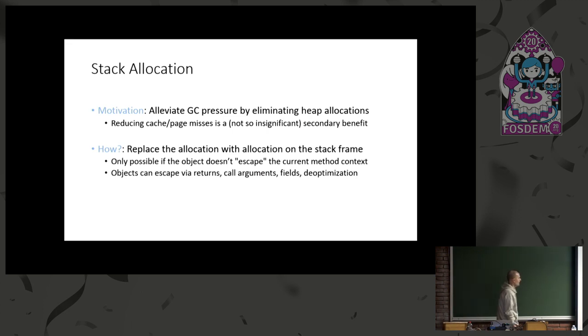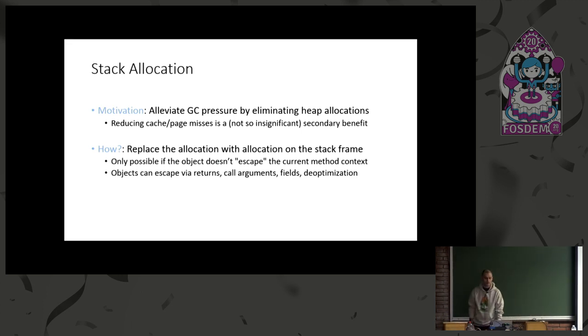So how we're going to try doing this is by saying we're going to eliminate the allocation, but not quite. We're going to allocate on the stack frame rather than on the heap. It's a known compiler optimization, it's just not actually being done in C2 yet.